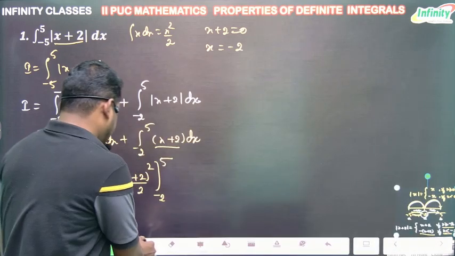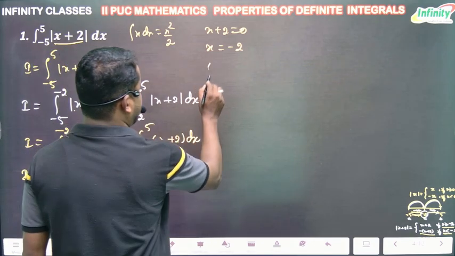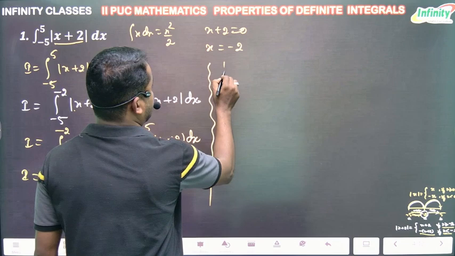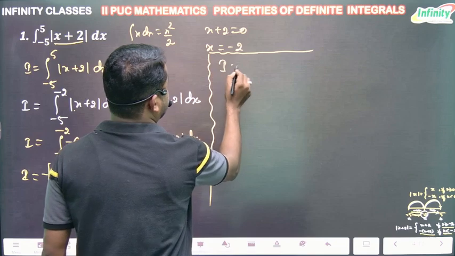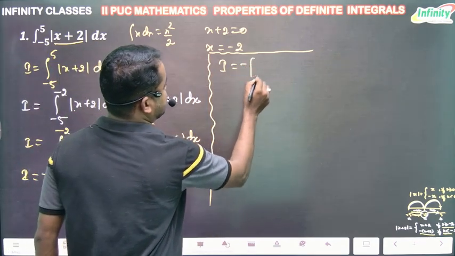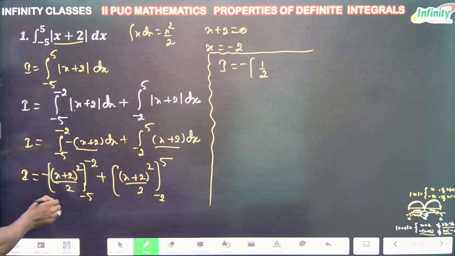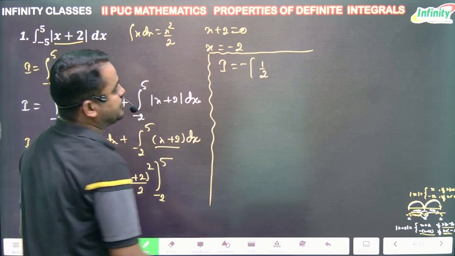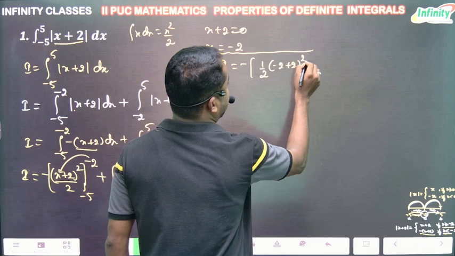See here, after integrating, I am taking the 2 outside, keeping the minus sign as it is, so 1 by 2 outside. First I am substituting the upper limit, that is minus 2 plus 2 whole square.